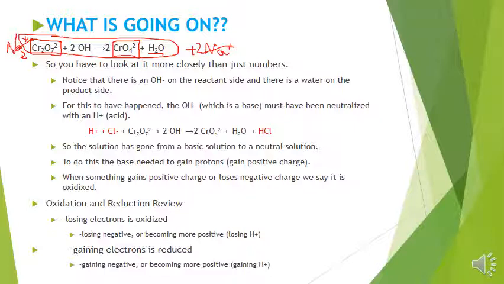So we have to look a little bit more closely at the reaction than just numbers. We have to know what's taking place, actually look at the reaction, and think about it. Now, the key thing here is to notice that there is an OH minus on the reactant side, and there's water on the product side.